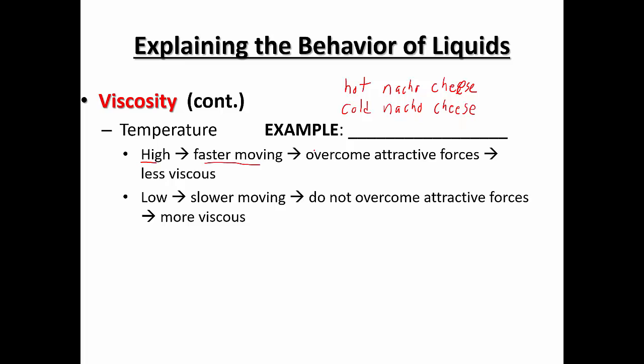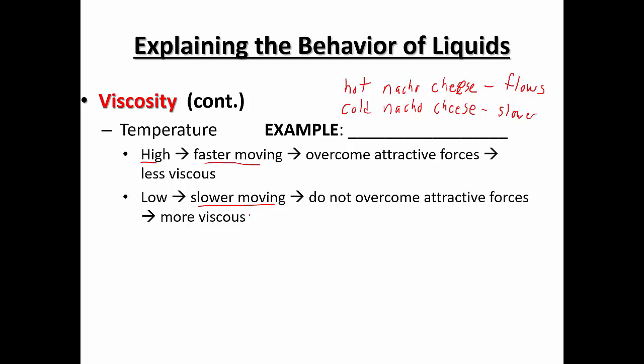When we think about those two, the fast moving one flows nice and easy, and the cold one is much slower pouring. So hot versus cold would be a big difference there in being able to actually flow.